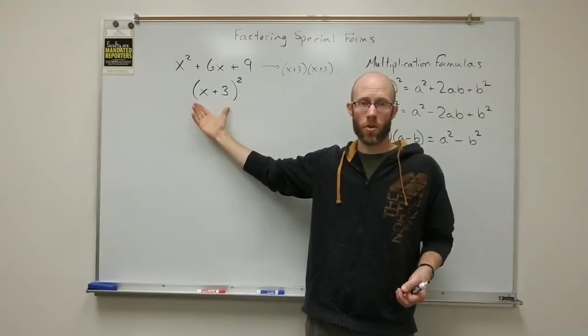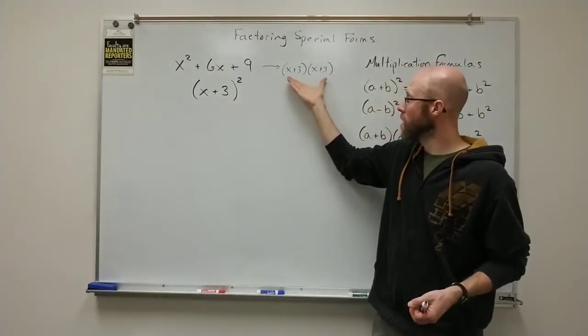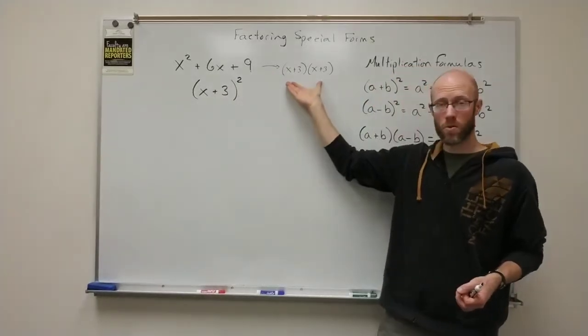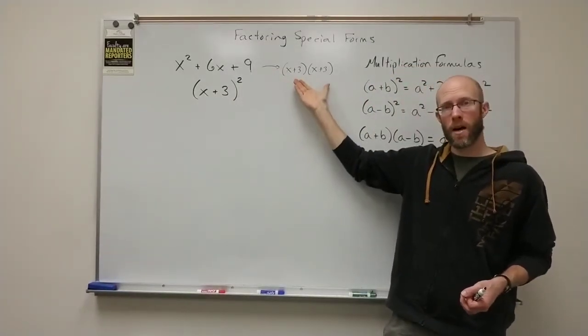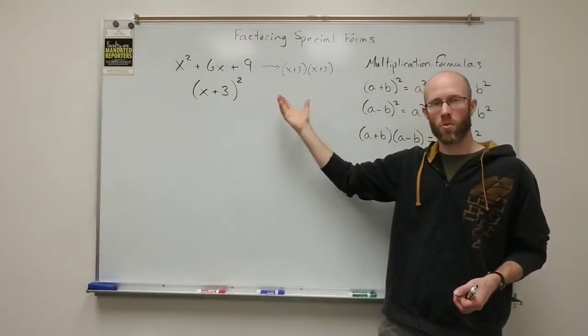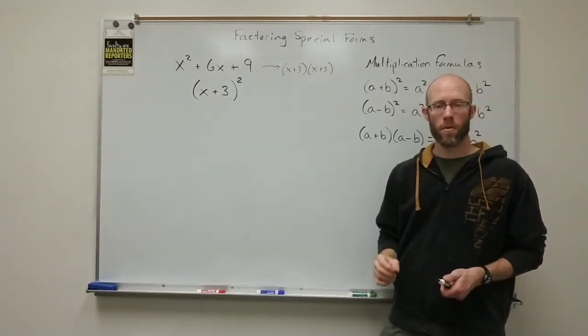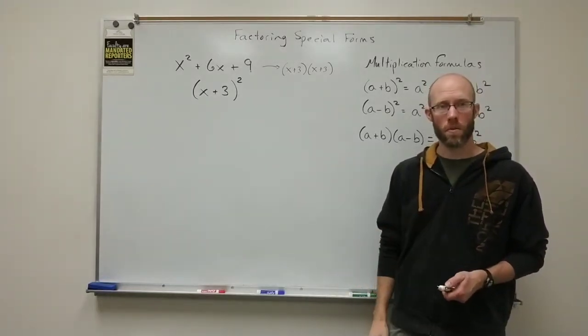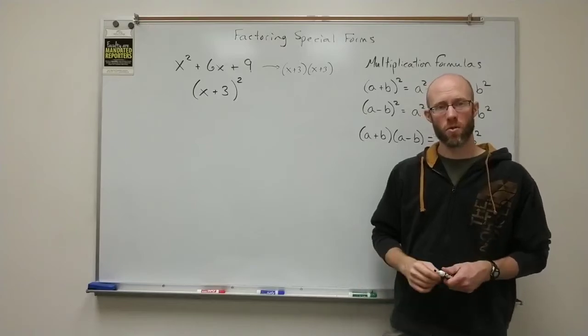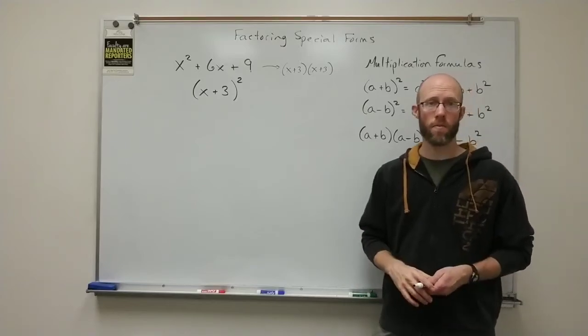I actually would give you full credit for either of these, x plus 3 squared or x plus 3 times x plus 3. My math lab may want a particular one, and so you want to just clearly read the instructions to make sure you know which answer to input. It may actually accept both.